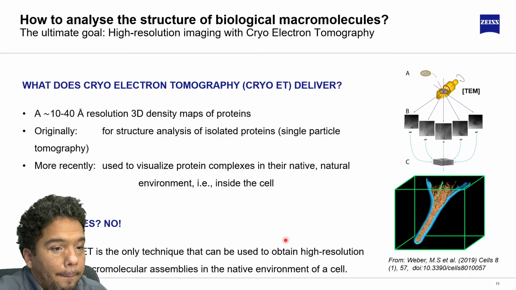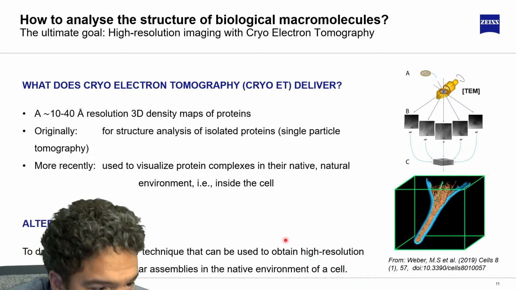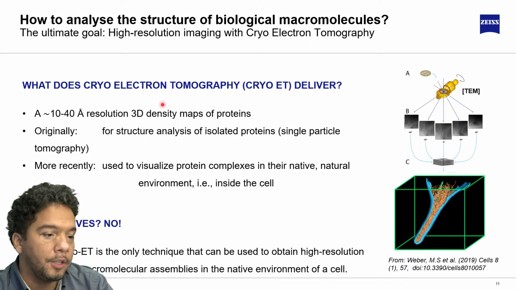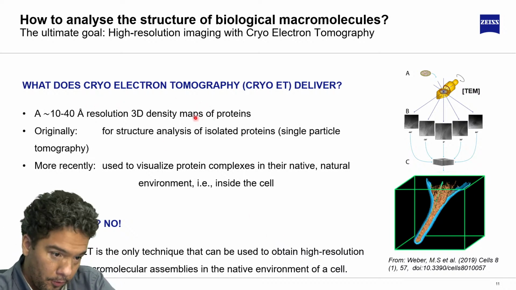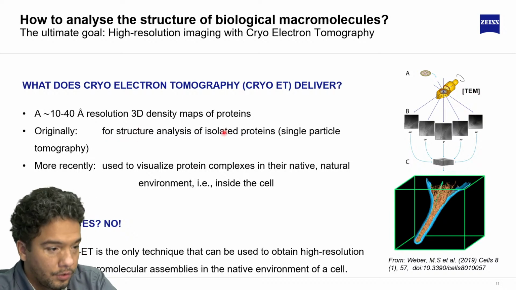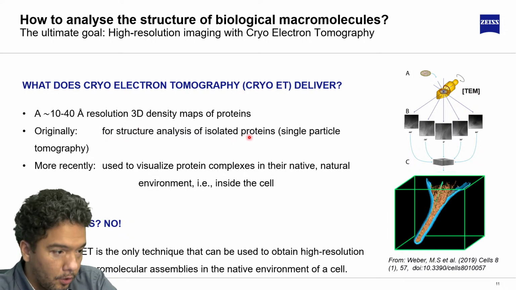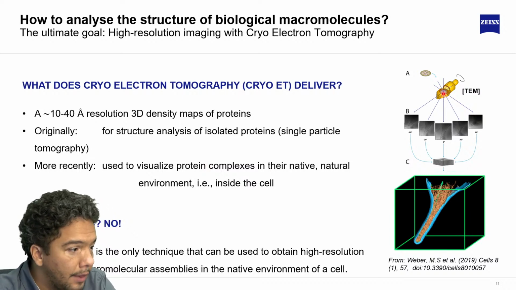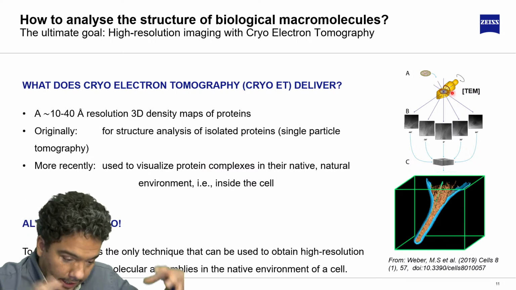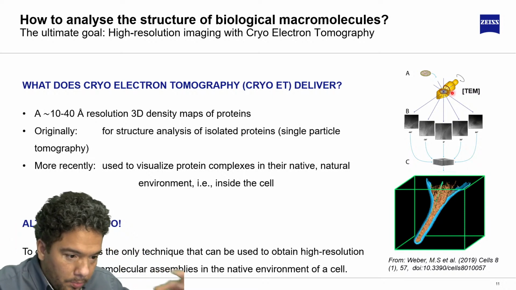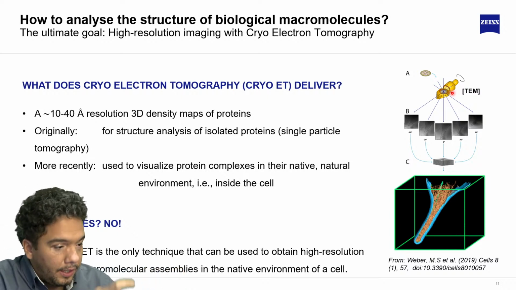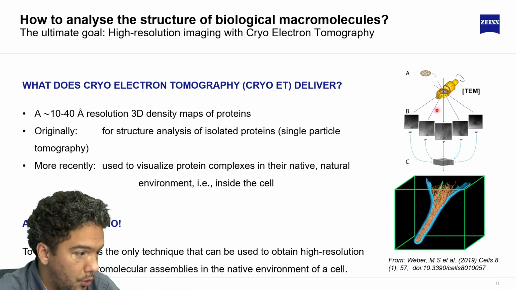Okay, but why is that so important? Because with the sample in that condition, we can get high resolution images and 3D density maps of proteins, for example ultrastructure analysis or isolated proteins from single particle tomography. That's the ultimate goal: to get, in a transmission electron microscope, a very thin lamella, and tilt that lamella in different positions, as you can see here.